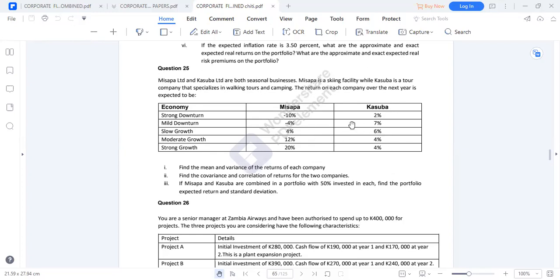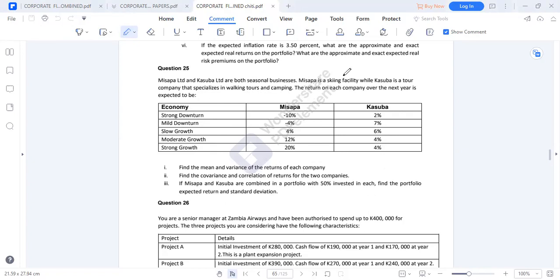To start with, whenever we're not given probabilities, we assume equal probability. So we count the number of states of nature: 1, 2, 3, 4, 5. In this case, we divide 100 over 5, and we get 20% for each as a probability.